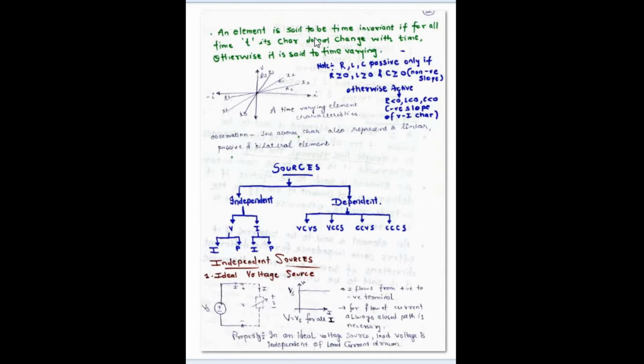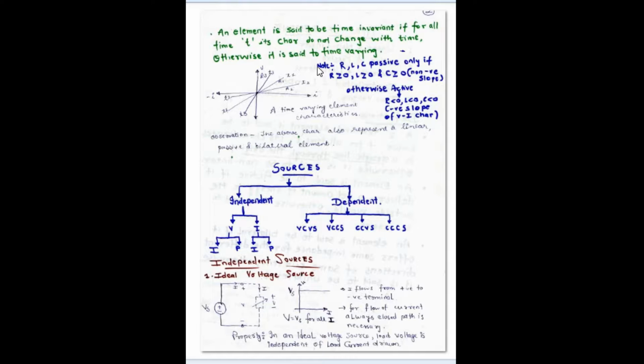Next, an element is said to be time invariant if for all time t its characteristic does not change with time, otherwise it is said to be time varying. That means if a particular magnitude is varying with respect to time t, then it is said to be time varying, otherwise it is time invariant.